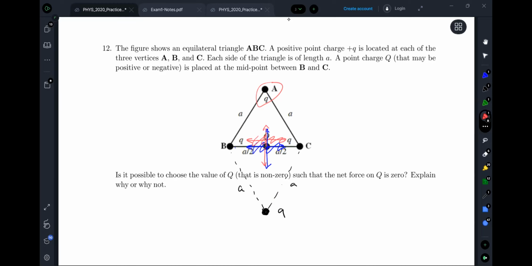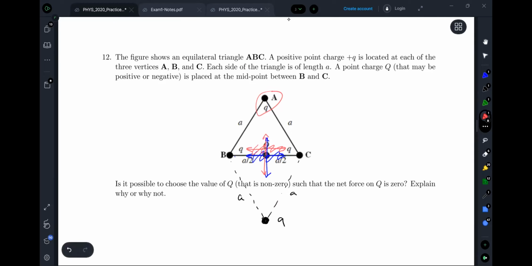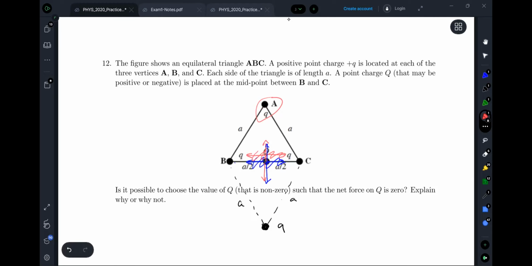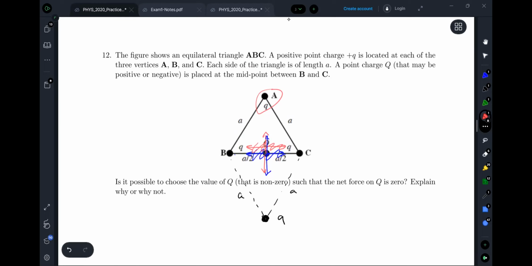This one's purely vertical. You can't add a horizontal and vertical force to get 0 net force because they're perpendicular to each other. They can't cancel out because they're not in opposite directions. So really, even in that case, it wouldn't work. So with triangles, usually you're not going to have a net force of 0 unless maybe you have something right at the center.